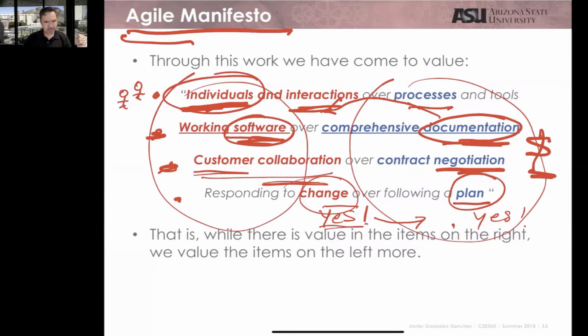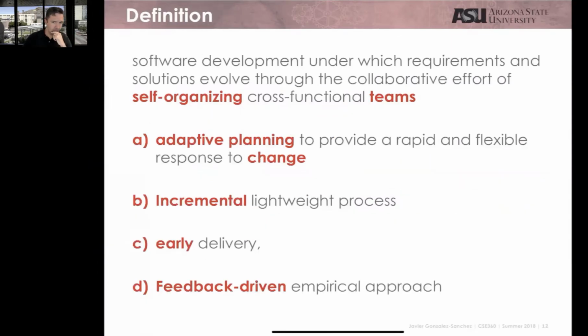Now, things that are going to happen with the Agile. Number one, the people is important. The team is important. But the key idea with the people working with Agile is you are able to self-organize.